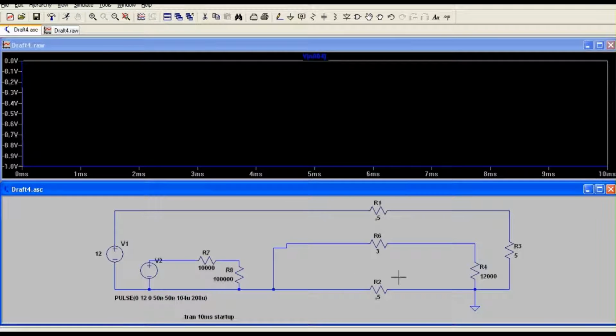And in fact, because there's that 12K there, looking at this, really, you might as well not even consider that the 12K is even there, and because that's 3 ohms, it might as well be nothing.